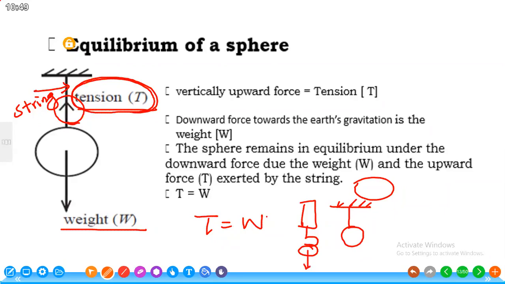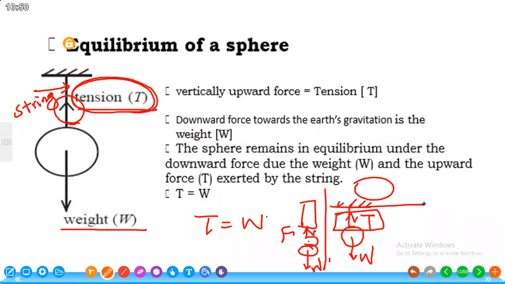Here we have weight, and F1 denotes the force exerted by the spring. Here we have weight and tension. You should know the difference. Why do you use the word tension, T? Because the force exerted by the string is known as tension, so it is denoted by capital T.